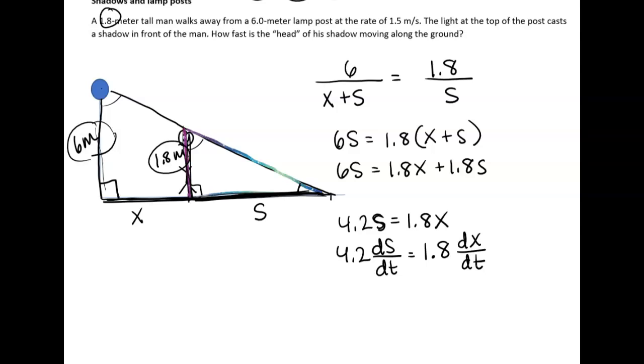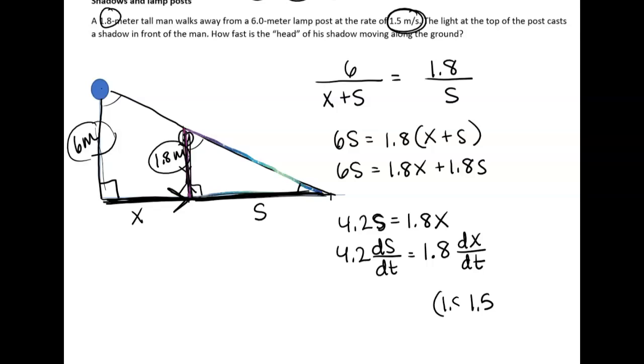Well, this 1.8 meter tall man who was smiling, but now I cut him in half, so maybe he's not so happy anymore, I don't know. But he's walking away from the 6 meter tall lamppost at a rate of 1.5 meters per second. So that means he's walking along here. So dx/dt, the rate at which that distance is changing, is 1.5. Oops, sorry, I wrote it in the wrong spot. So dx/dt is 1.5.